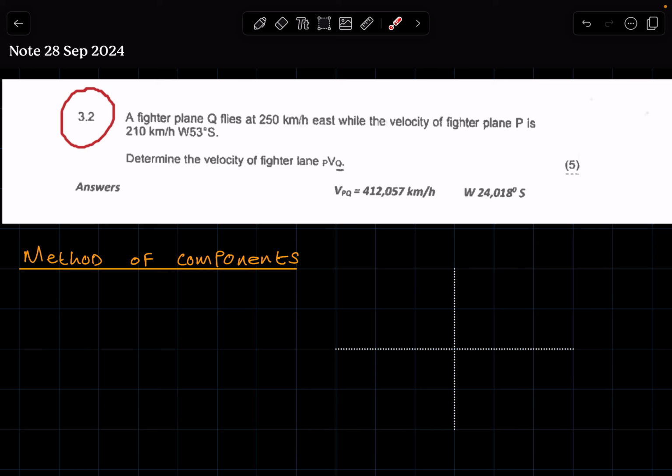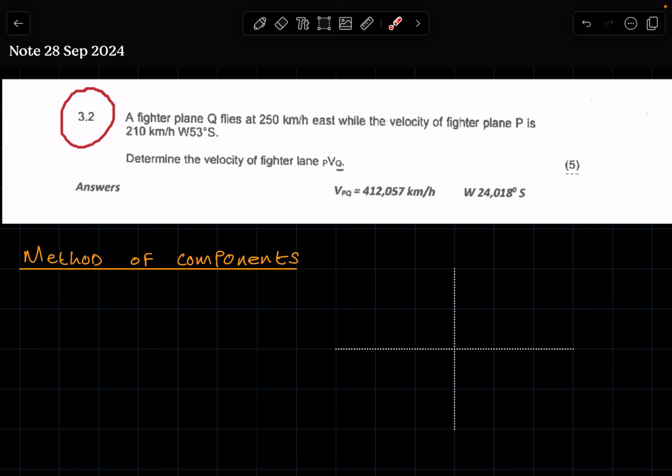For this video though, like I said, this problem is based on relative velocity, so I'm going to take you through how we solve any problem based on relative velocity using the method of components. Right, let's get started.